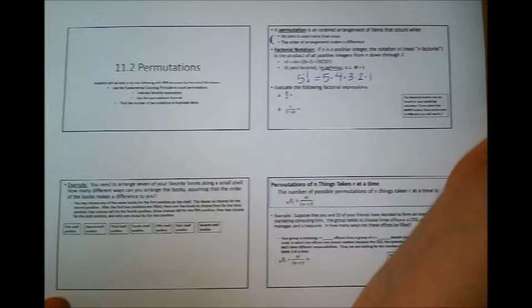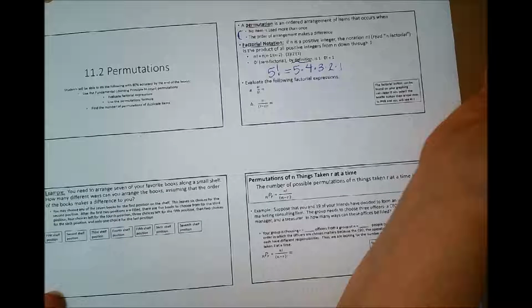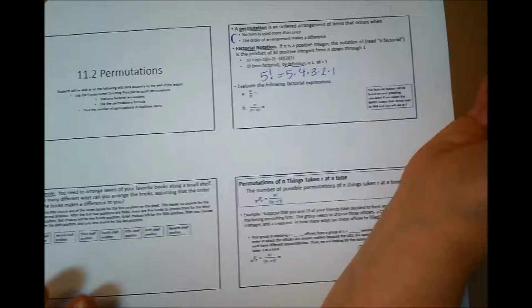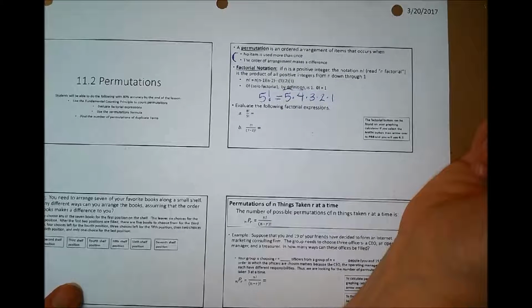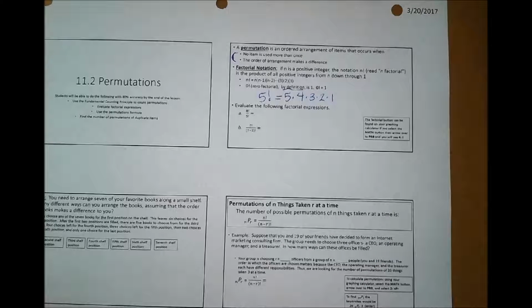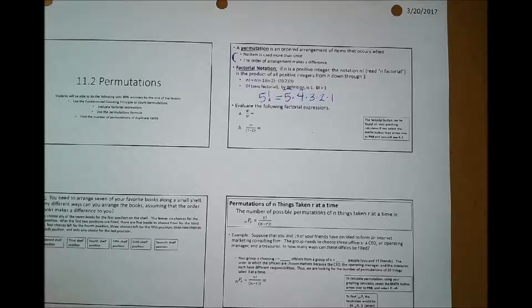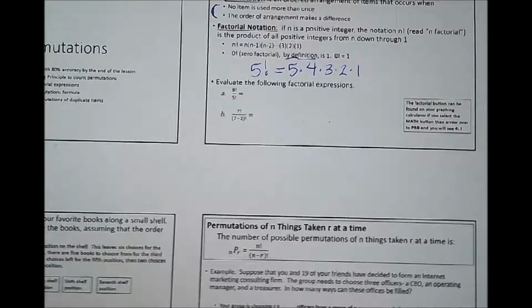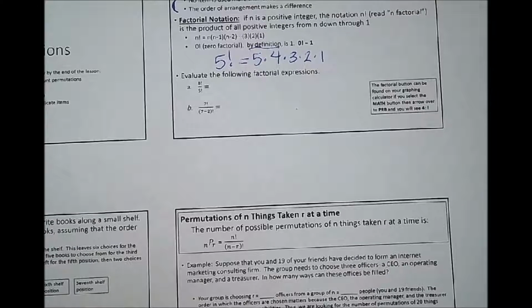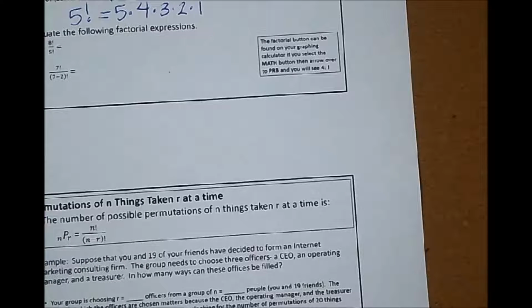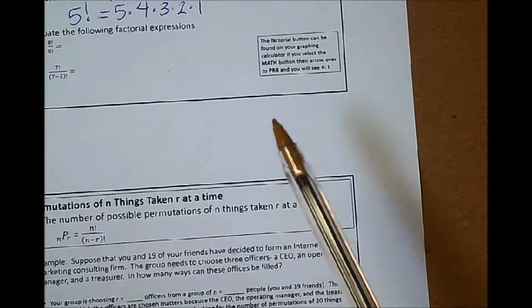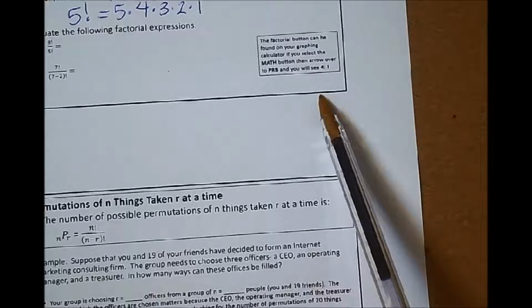Now, this is another example of how life is so much easier in math class now. I'm going to zoom in a little bit so you can see the tiny writing there. It says the factorial button can be found on your graphing calculator.